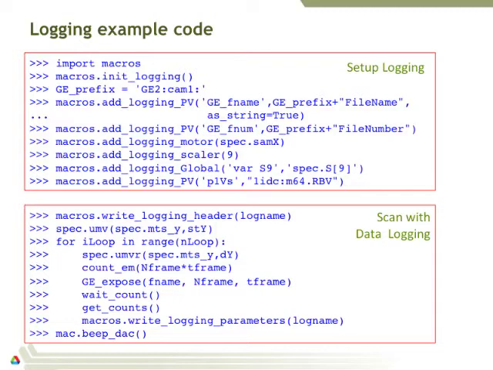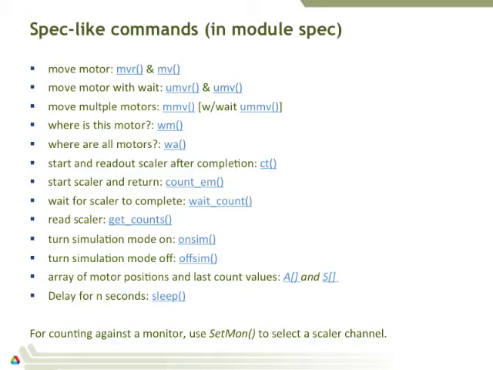Okay. In terms of the spec-like commands, there are a whole list of things here that work pretty much modeled after what's in spec. But things do use the Python syntax.